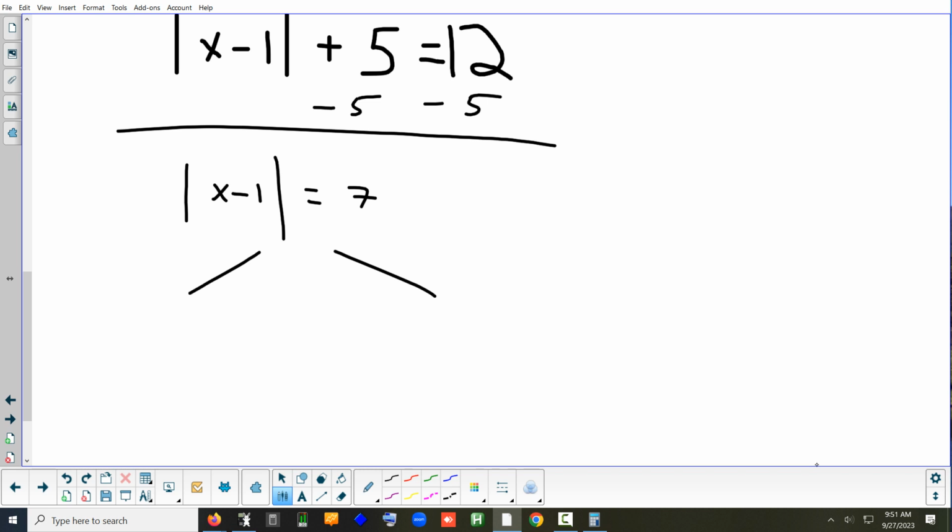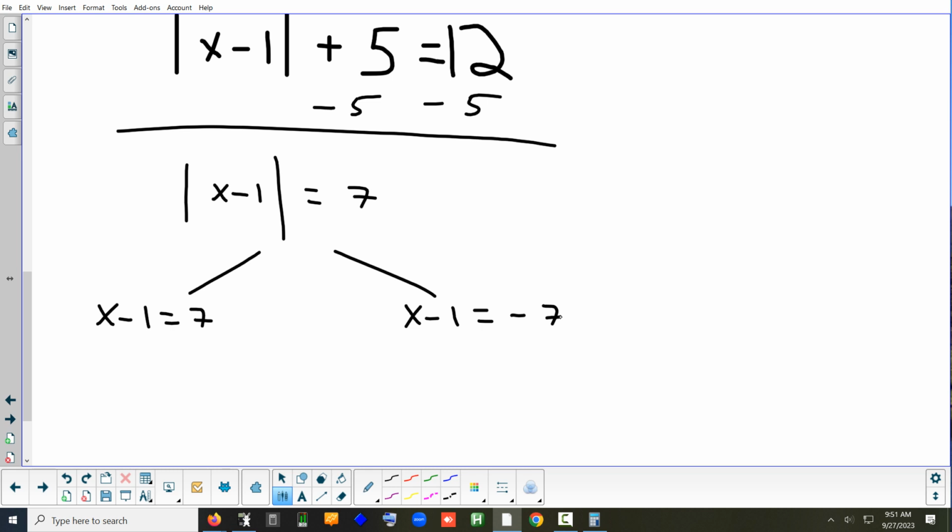So once we split it, the absolute value is gone. x minus 1 equals 7. And how about, Zach, do you know what my second equation would be? The second equation will be x minus 1 equals -7. Perfect.